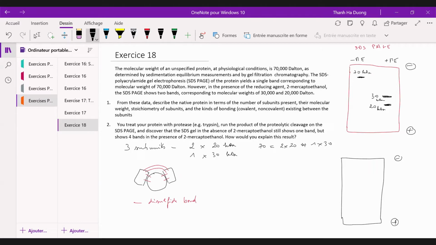And this time, in the absence of mercaptoethanol, you still see 1 band, probably at 60 or 70 kilodalton, but 4 bands in the presence of mercaptoethanol. How will you explain these results?